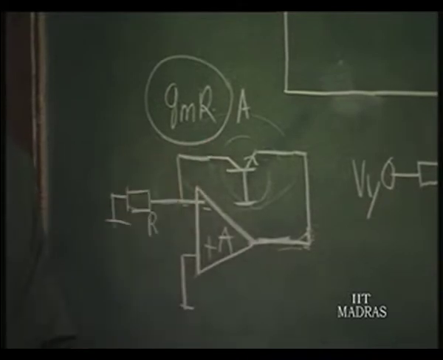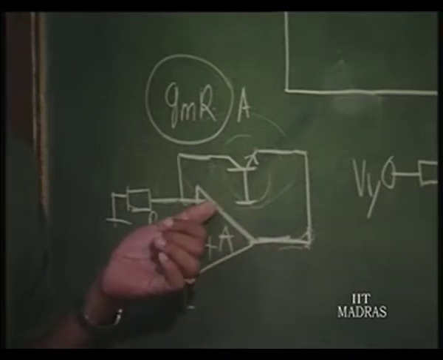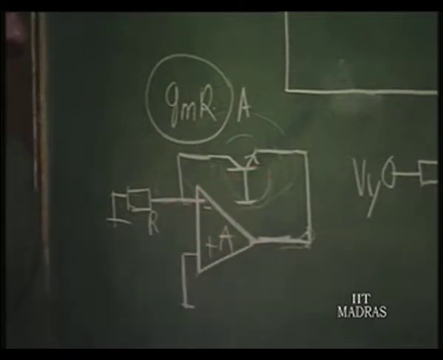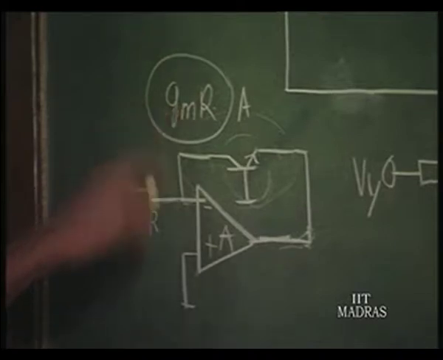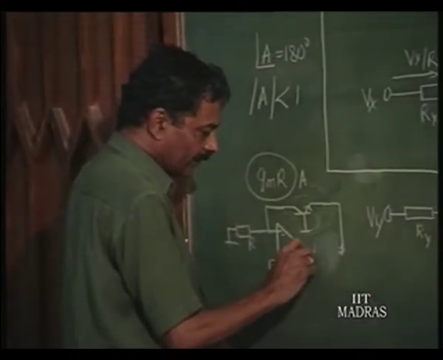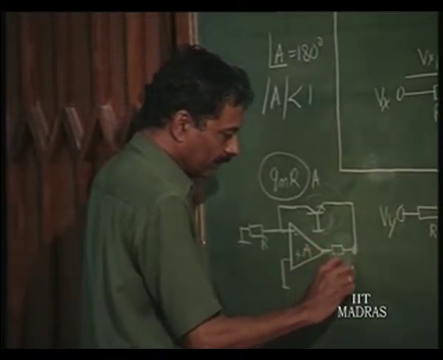How to prevent this, or how to use a compensated op amp here and not cause any oscillation in this circuit? That can be done by reducing the gain here. So, that means Gm has to be reduced. Gm is reduced by putting a resistance in series with small re, let us say Re1.